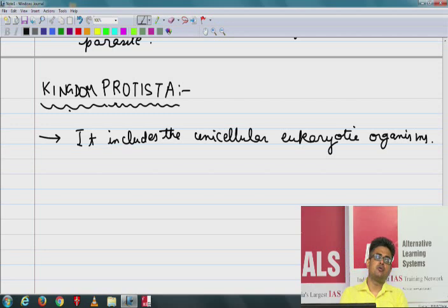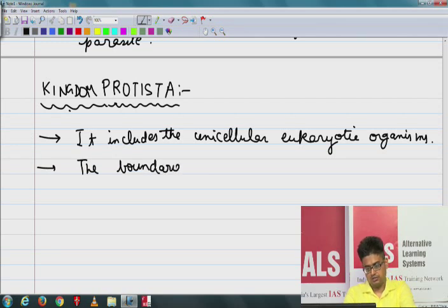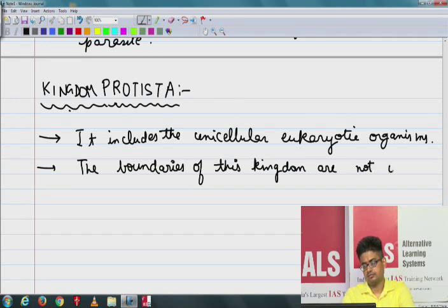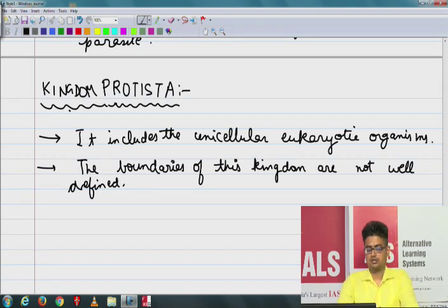So you can say the boundaries of this kingdom are not well defined.